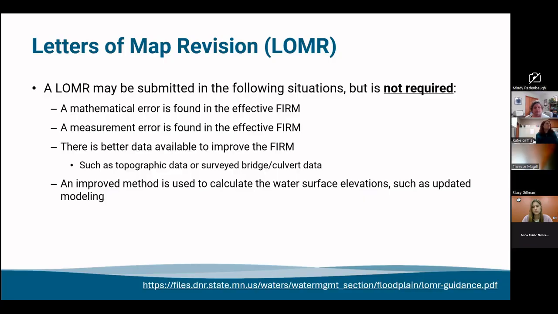If there's better data available to improve the FIRM panels, this would include topographic data, or survey data for, for example, bridges or culverts that could change how the floodplain looks on the map, you could pursue a letter of map revision. Or if there's improved methods or models to calculate the water surface elevations, then you can go for a letter of map revision.